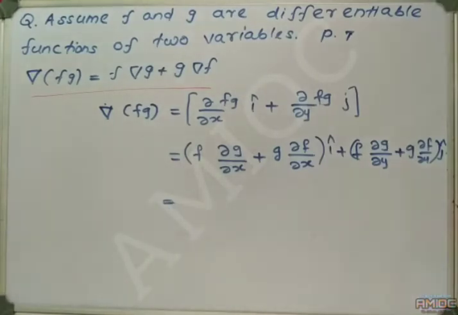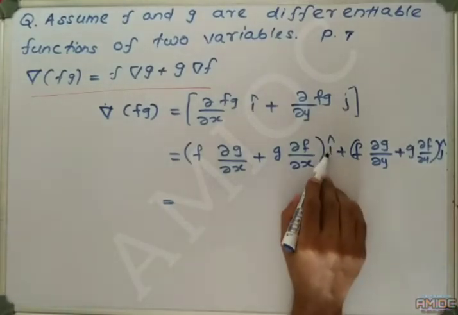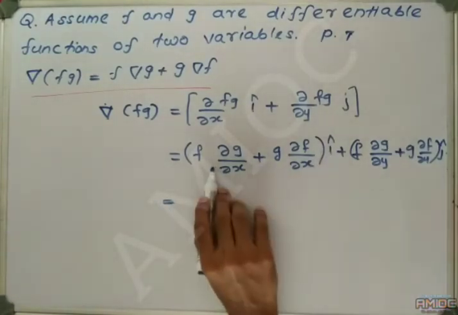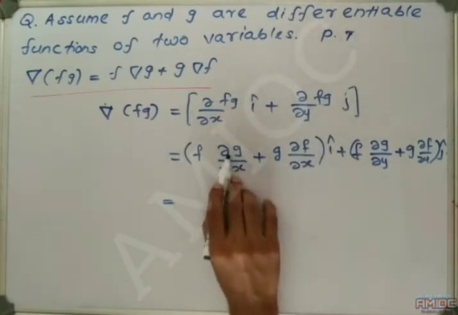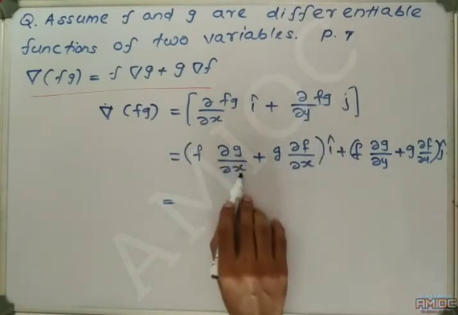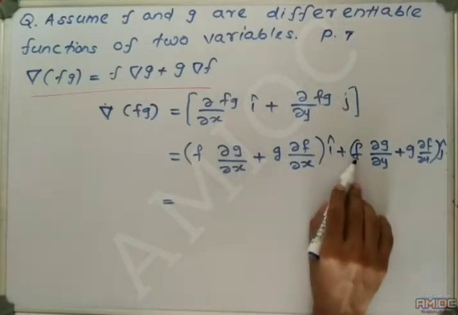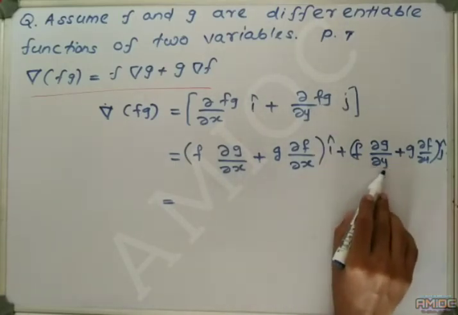That is equal to, collect the terms containing f. Here f into the partial derivative of g with respect to x, and here also f into the partial derivative of g with respect to y.